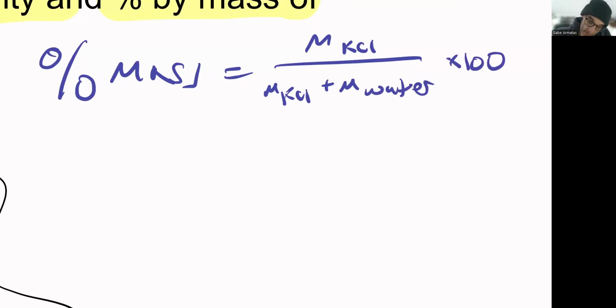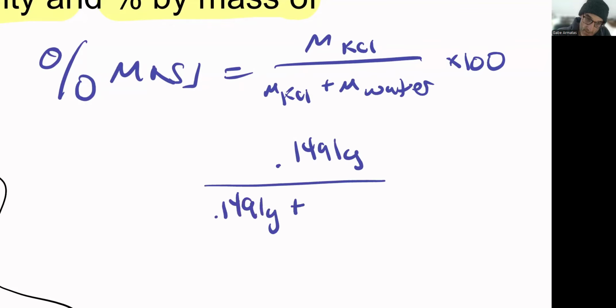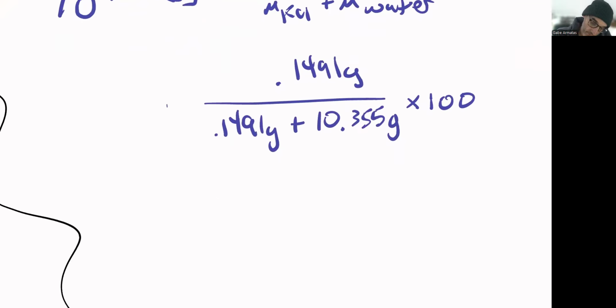We know the mass of KCl, 0.1491 grams, and I did determine the mass of the water, 10.355 grams, times 100.